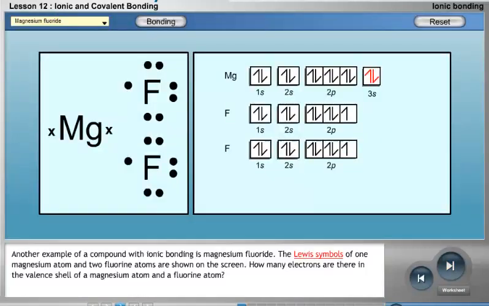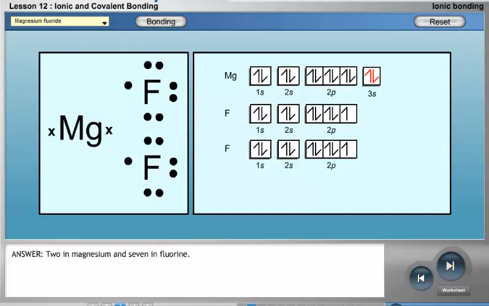Another example of a compound with ionic bonding is magnesium fluoride. The Lewis symbols of one magnesium atom and 2 fluorine atoms are shown on the screen. How many electrons are there in the valence shell of a magnesium atom and a fluorine atom? Answer: 2 in magnesium and 7 in fluorine.